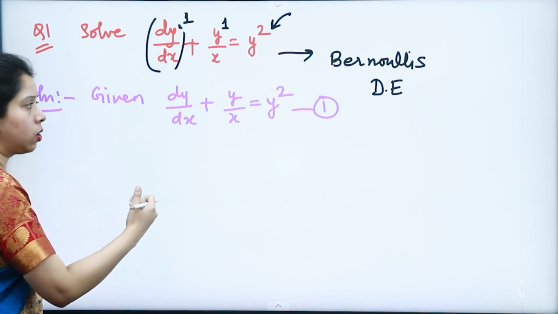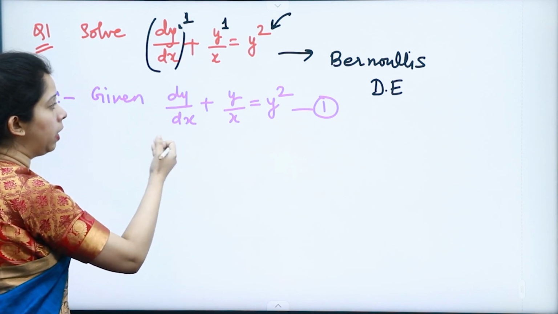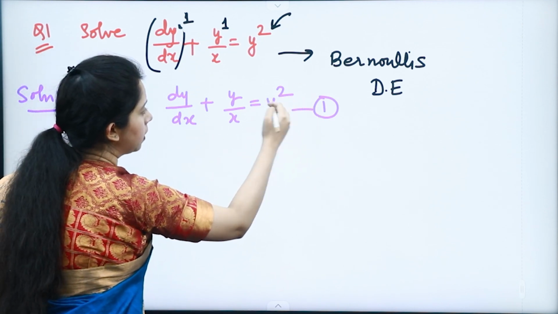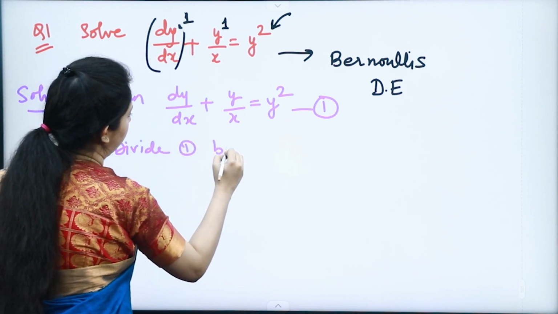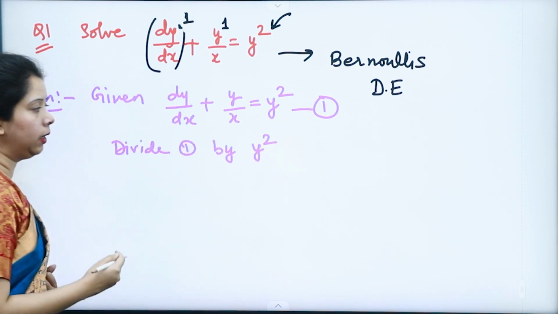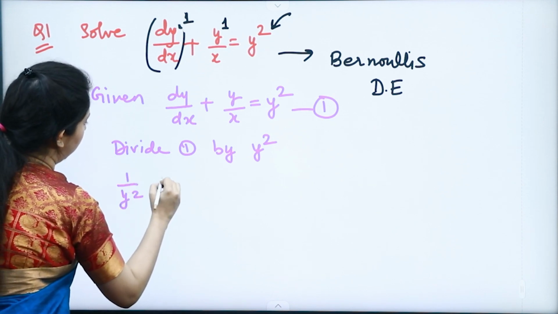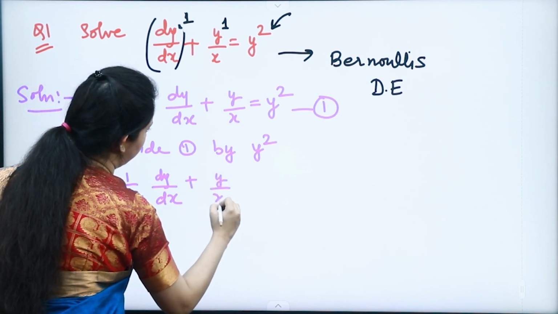Now since we have understood that this is a Bernoulli differential equation, because the dependent variable here is not in degree 1, we will eliminate y from the right hand side, that is, we will divide equation 1 by the term that is appearing in the RHS, that is y square. So this will become 1 upon y square dy over dx plus y by x will remain as it is.